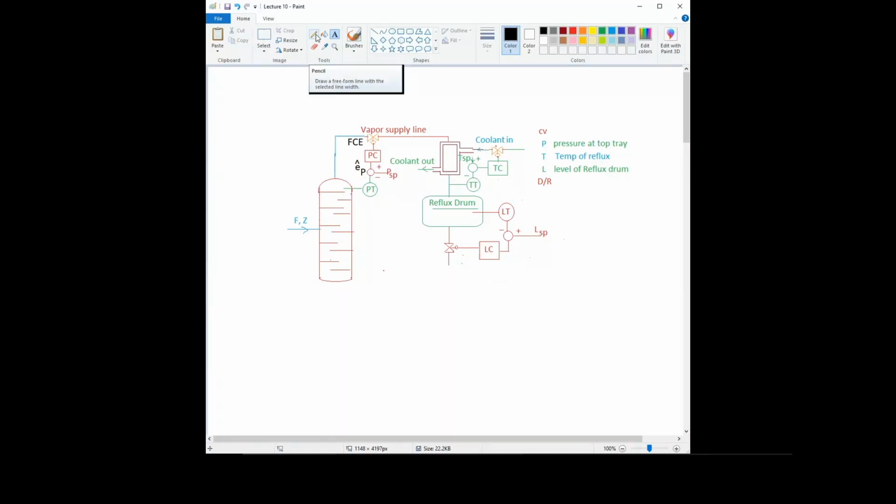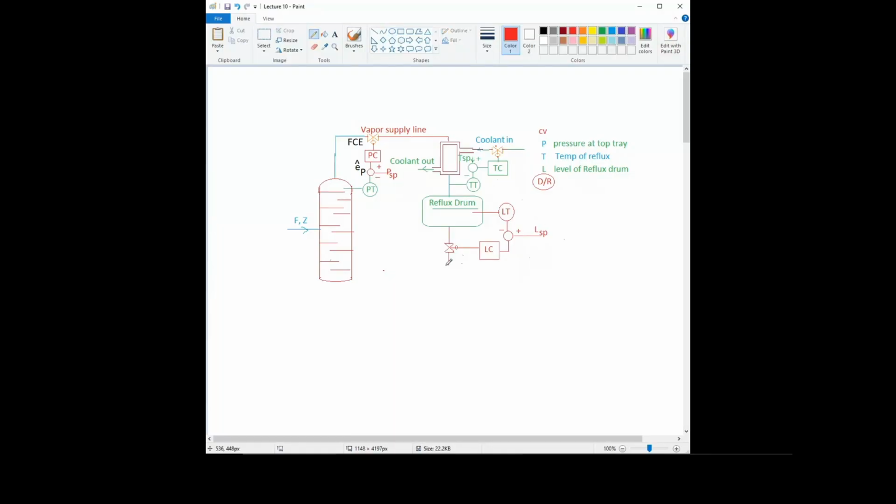So for applying control here, first of all, we will have to measure the controlled variable, right? Here there is no single variable, there is a ratio D by R. So we have to measure the D by R ratio.